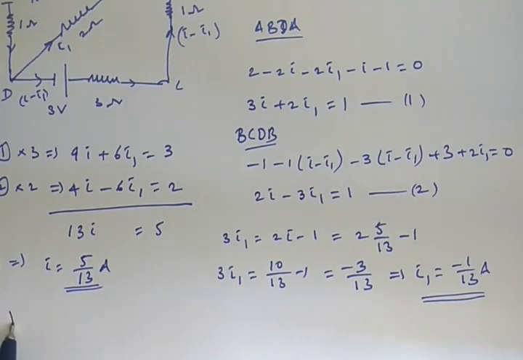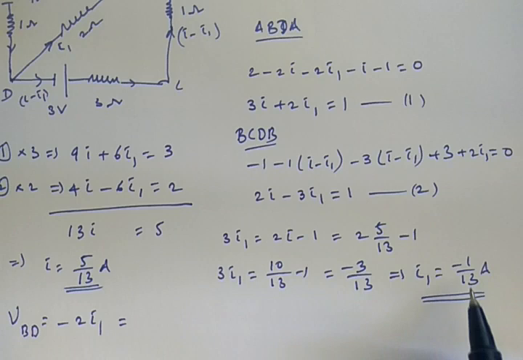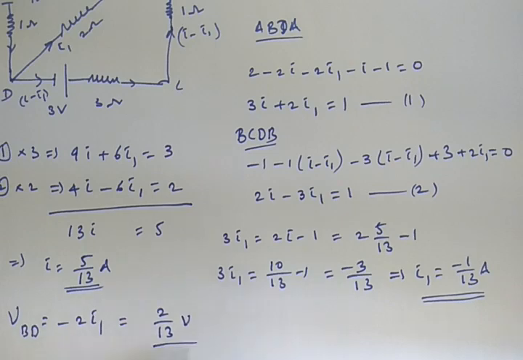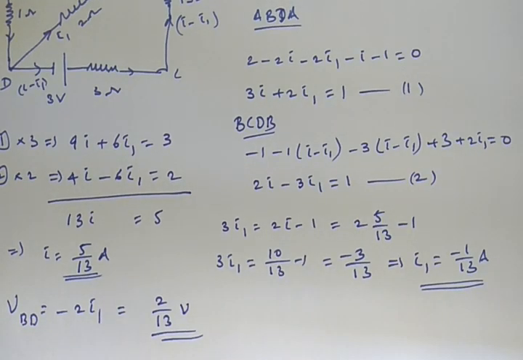Then VBD equals minus 2I1, and I1 I got as minus 1 by 13. So your answer will be 2 by 13 volt. So it means voltage at B is greater than voltage at D, because current will go from B to D.